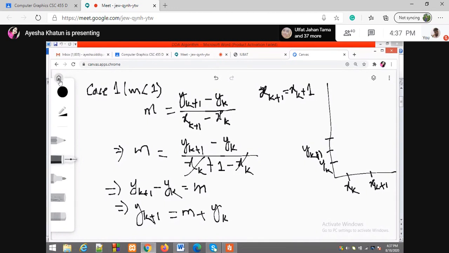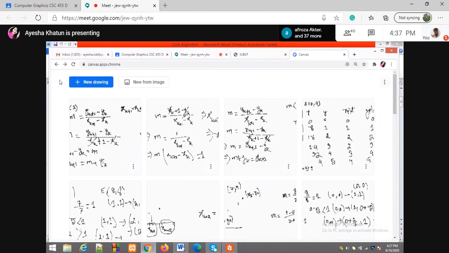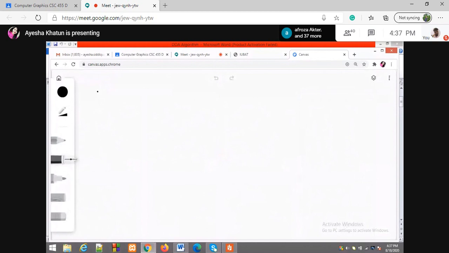Okay. So for case 2, where m is greater than 1, the same formula.